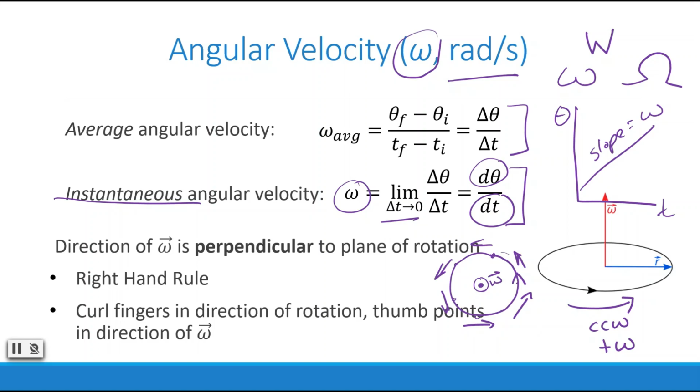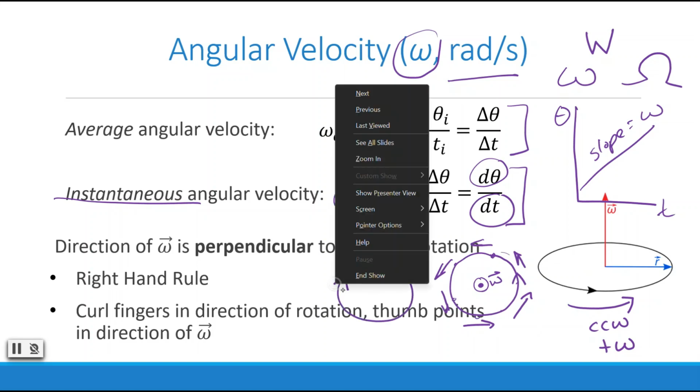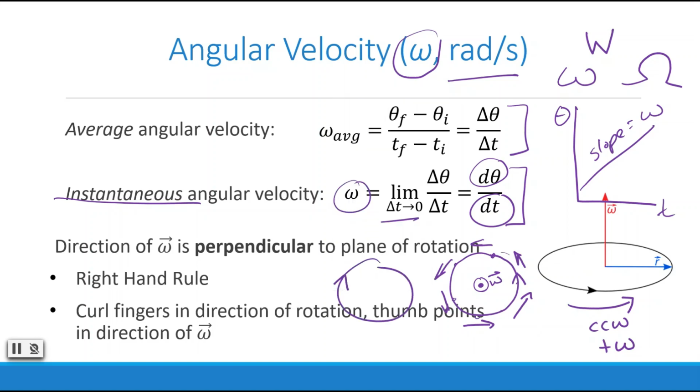That's kind of why they do that, so that you get this idea of constant velocity. If you change the direction of rotation so that now you're going clockwise, my thumb is going to be pointing into the screen, so that's going to be a negative angular velocity.